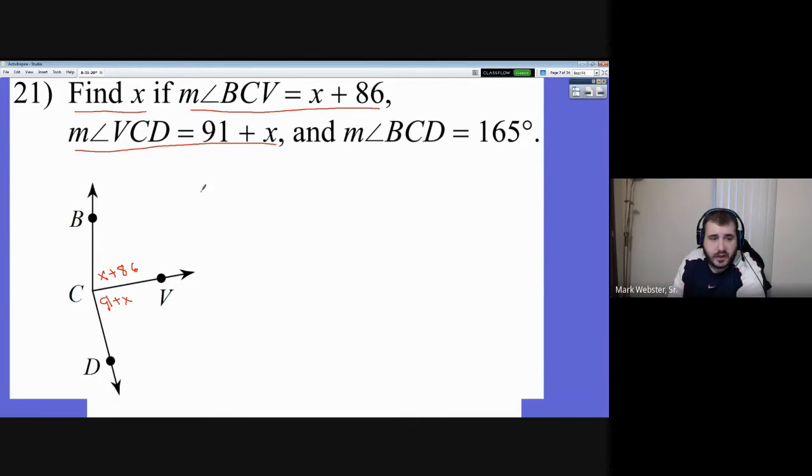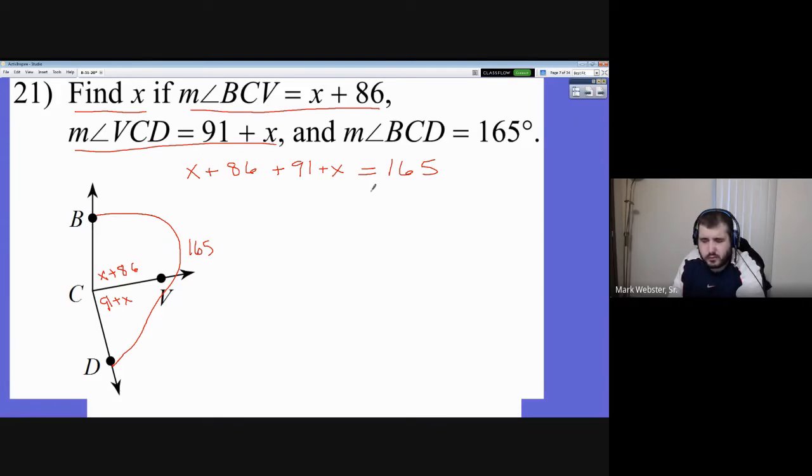And then the whole thing is BCD. And that's 165. So once again, we're going to add our stuff together, set it equal to the whole thing. So the two parts, x plus 86 plus 91 plus x equals 165.